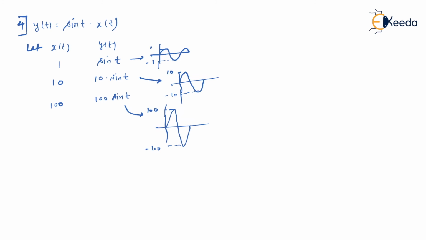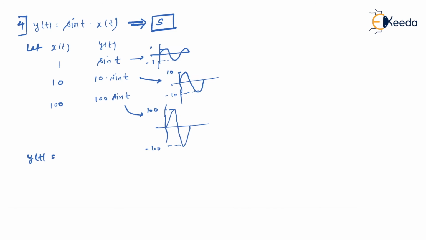So as you can see, even though I'm getting different sine signals with different amplitudes, we know that every sinusoidal signal is a bounded signal. Therefore, for bounded input, you are getting bounded output, and therefore it comes under the stable category. So this is also pretty common sense. You don't have to really go through this whole procedure.